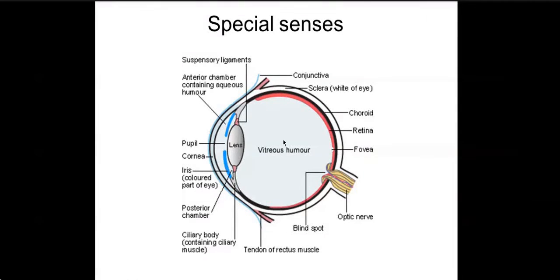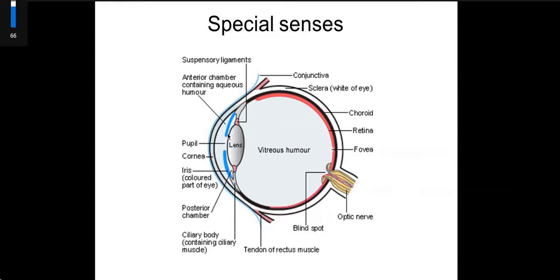Now in the back of the lens, in between the retina and the lens, there is vitreous humor. In between the lens and the cornea, there is aqueous humor, and this aqueous humor is formed from the ciliary body. From here the aqueous humor is formed, and this portion is called the anterior chamber and posterior chamber.